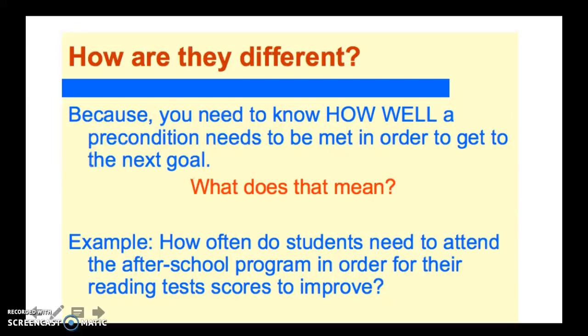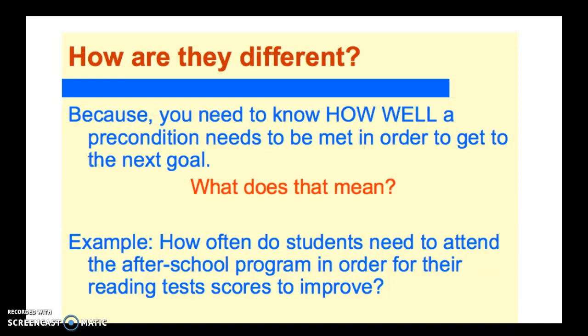So when you look at the difference, the logic model might feel like it's not telling the whole picture, because you need to know how well a precondition needs to be met in order to get to the next goal. So for example, how often do students need to attend their after-school program in order for their reading test scores to improve? And so that means that, as you're looking at the cause and effect, you need to create some predictions around that.